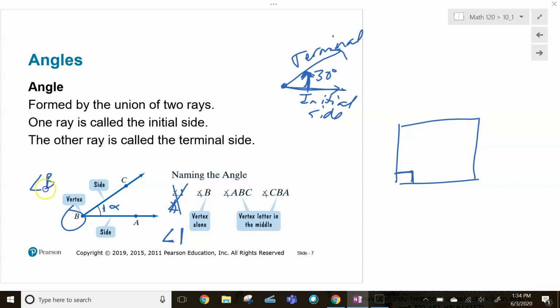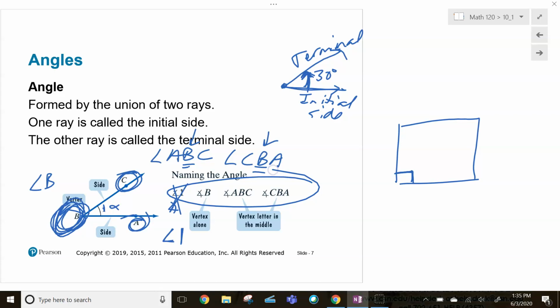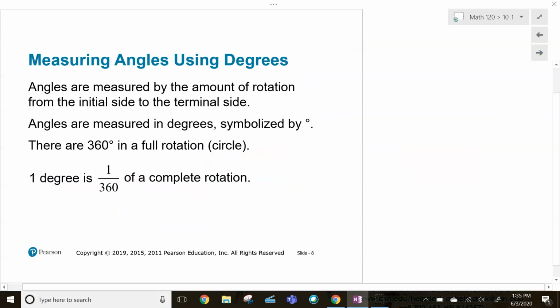Just angle B is another way to name that angle. You can use the points on the angle, so angle ABC, or you can go from C to B to A, angle CBA. But your vertex always has to be in the middle if you're going to do it that way. So there are 4 different ways to name the angle.